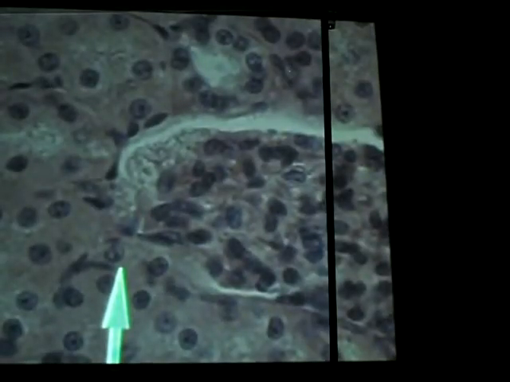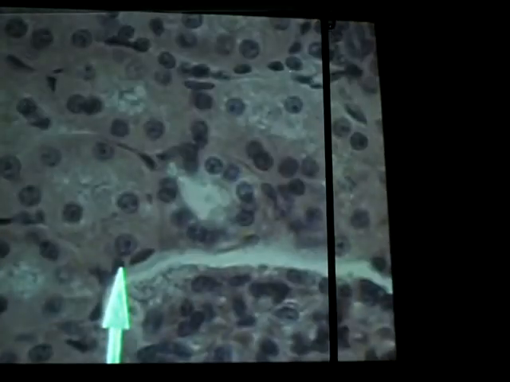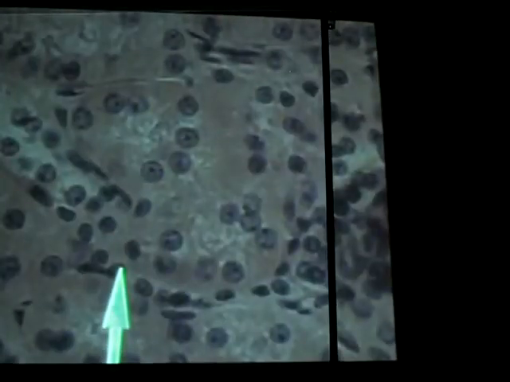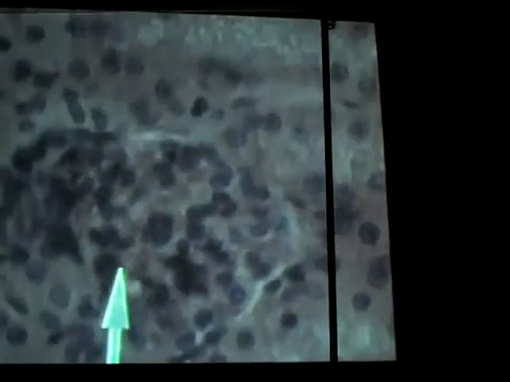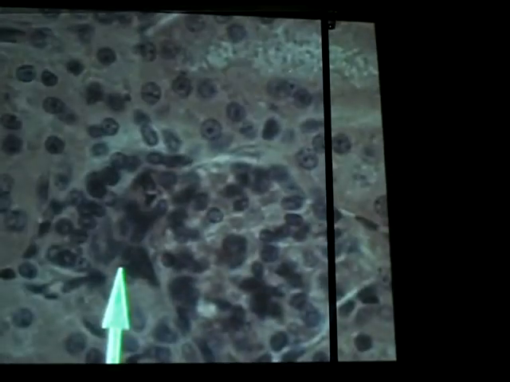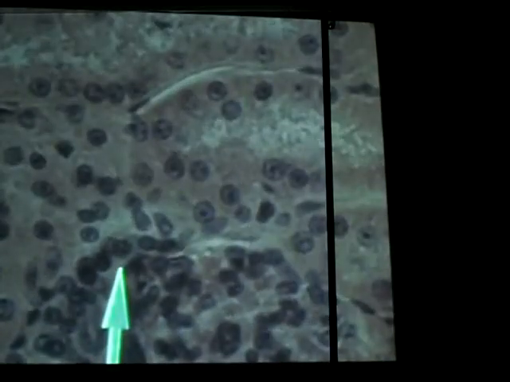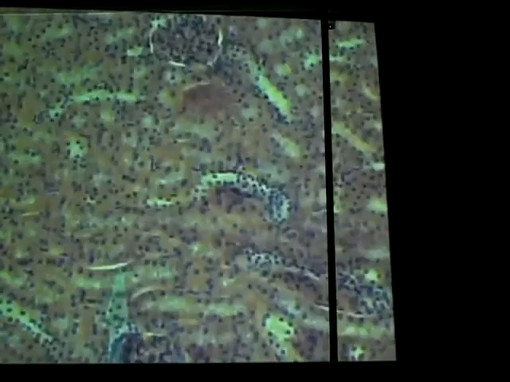And at some point, when the tubule is coming back up, it comes very close to your glomerulus. The part of the distal convoluted tubule that's closest to the glomerulus has this specialized group of cells that make up your macula densa.